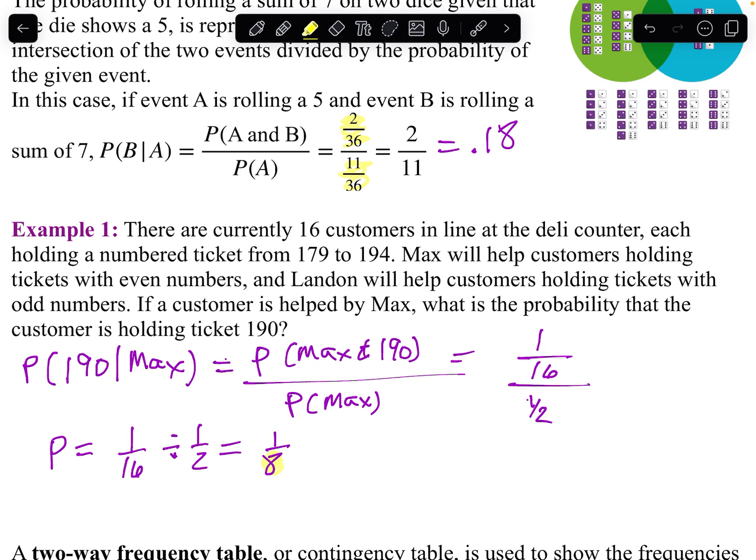How many of them numbered 190? Well, there's one of them. So you just get the same thing if you use logic and common sense rather than just using the plain formula. But sometimes the reading is kind of confusing, so you might want to use the formula if you get confused. But I would just use some logic for most of these.